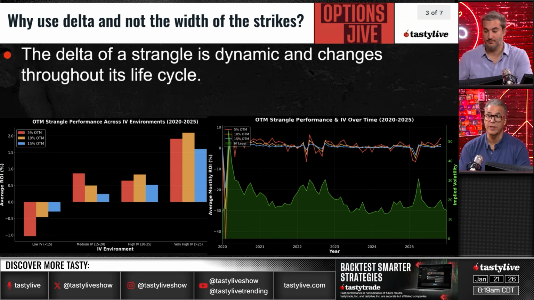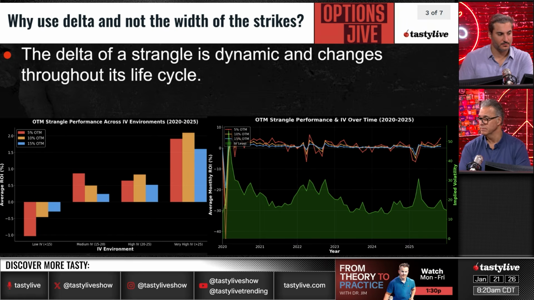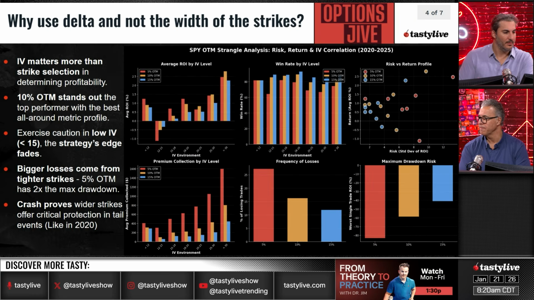It's always going to have delta to it. Your strangle is always going to have delta to it also, but it's not going to move nearly as much as a straddle with the same at-the-money strikes would. And that's why we like to go to a strangle when we're putting on trades, typically. Both work, but the delta doesn't move around as much.